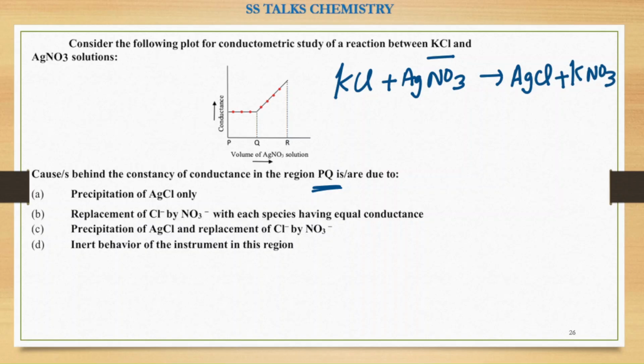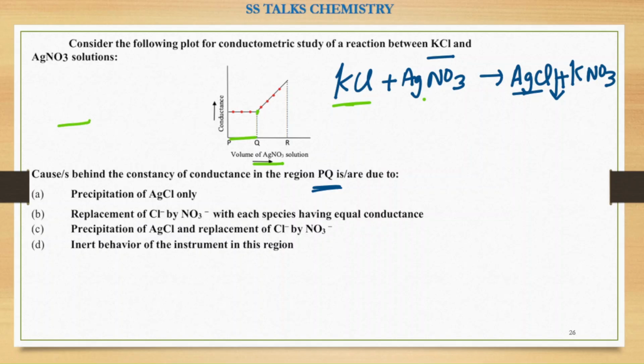AgCl is going to form the precipitate and settle at the bottom. So in the PQ region, what is basically happening? In the starting we are having KCl, and in due course of time AgNO3 is being added over there. So the precipitates of AgCl are being formed in this particular region. At the point Q, all the precipitates would have been formed.